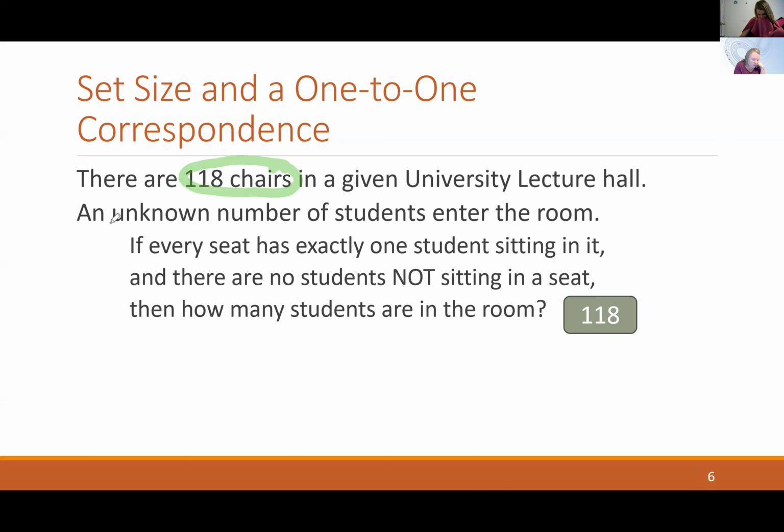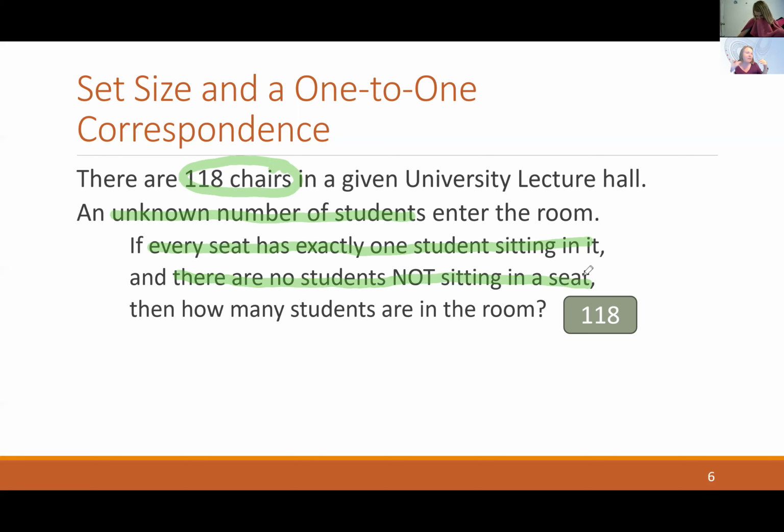Okay, so we know there's 118 chairs. Initially, we don't know how many students are in the room, but we do know that every seat, or every chair, has exactly one student sitting in it. So every one of those chairs is occupied, and there are no students that aren't sitting.